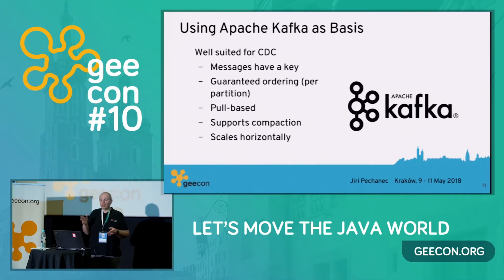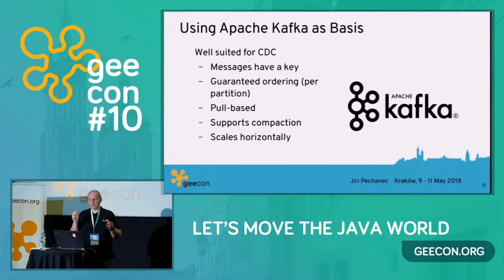Also, what is a nice feature is that Kafka supports compaction, which means that if we have multiple changes for the same entity in the database, we can configure Kafka to store only the last change to the event, so, to the database row.